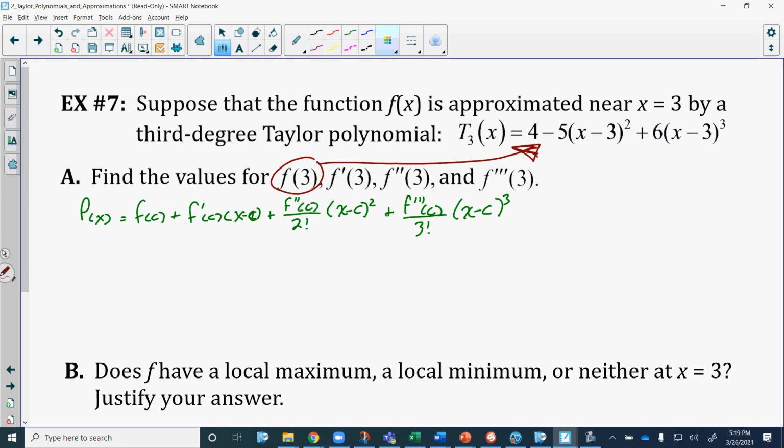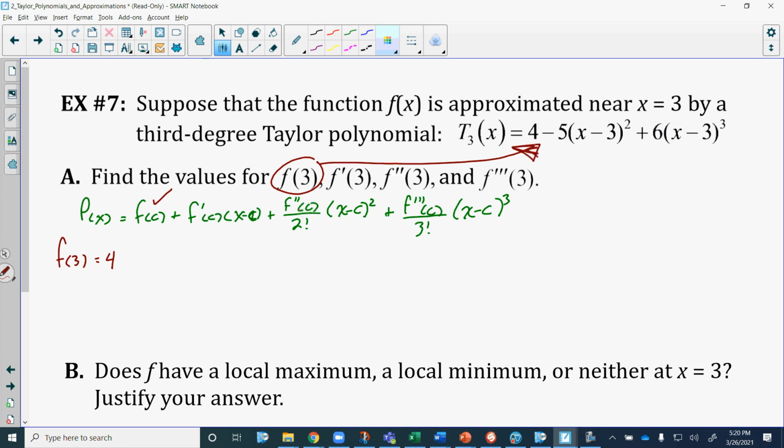So in this case, all of the parentheses go to 0. So the only thing that's left is the 4, which kind of matches what that one was, right? That represents the original function when p of x is equal to f of x. So p of 3 must be equal to f of 3.